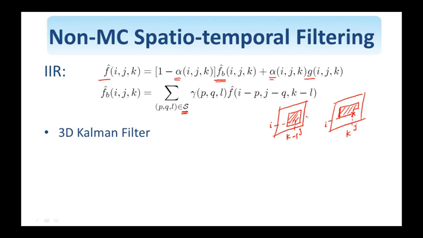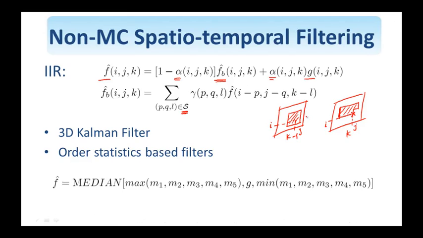Another form of spatiotemporal filters are order statistic filters. We talked about them for two-dimensional signals during this week in an earlier segment. The expression for a multi-stage median filter is shown here. It consists of 4 unidirectional median filters in the spatial domain and one along the temporal direction.